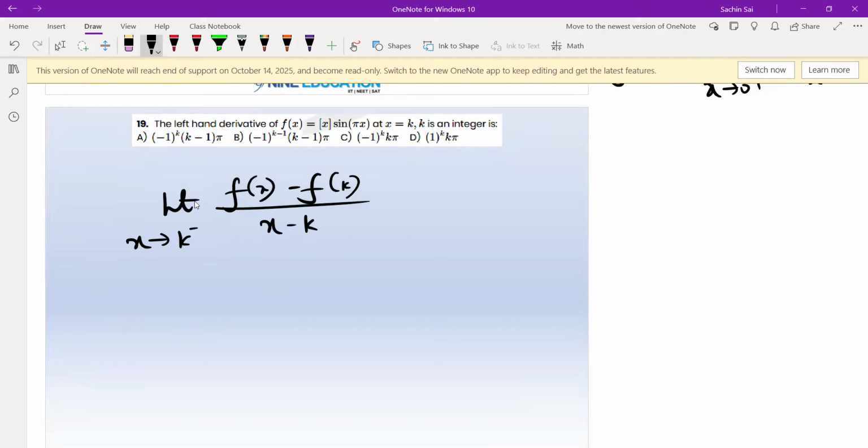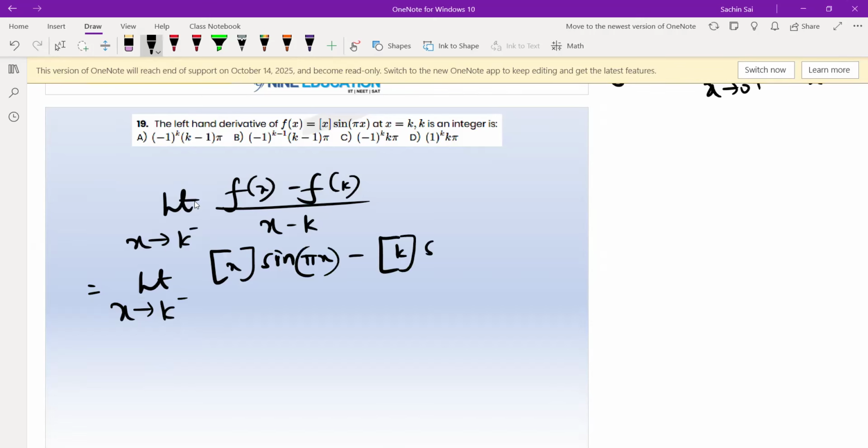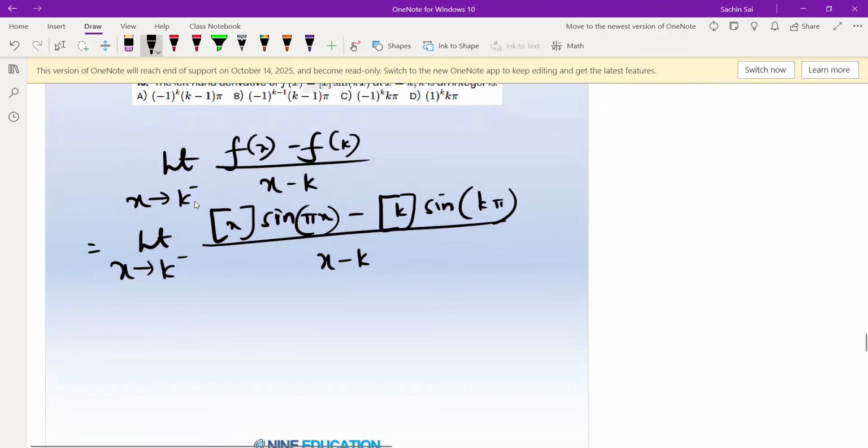So we will be writing the limit as x tends to k minus, where f of x is step of x sine of pi x minus step of k sine of k pi, divided by x minus k. This is the limit that needs to be calculated.